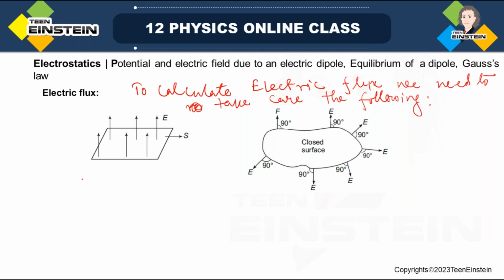What are those? First point is that the component of the electric field has to be taken perpendicular to the surface, always. E has to be taken perpendicular to the surface.